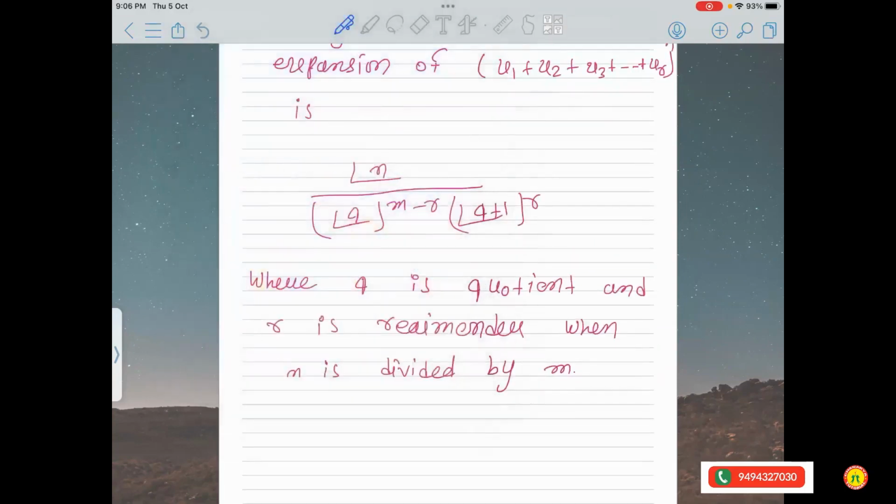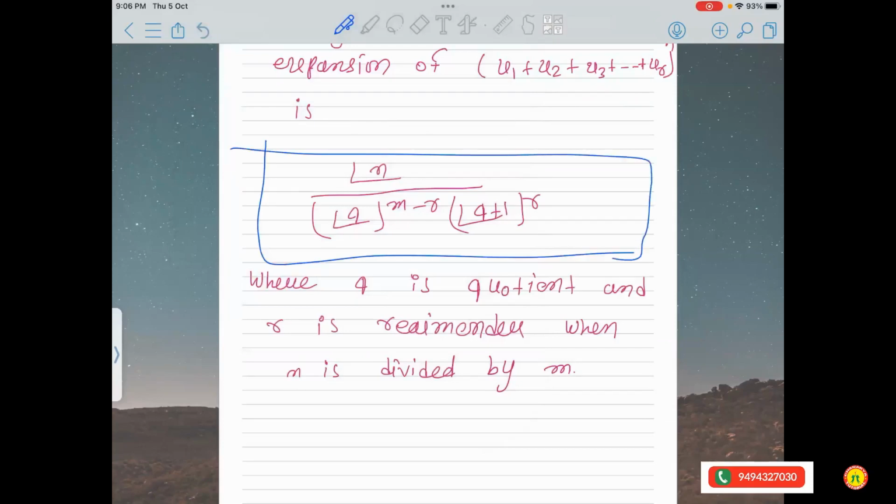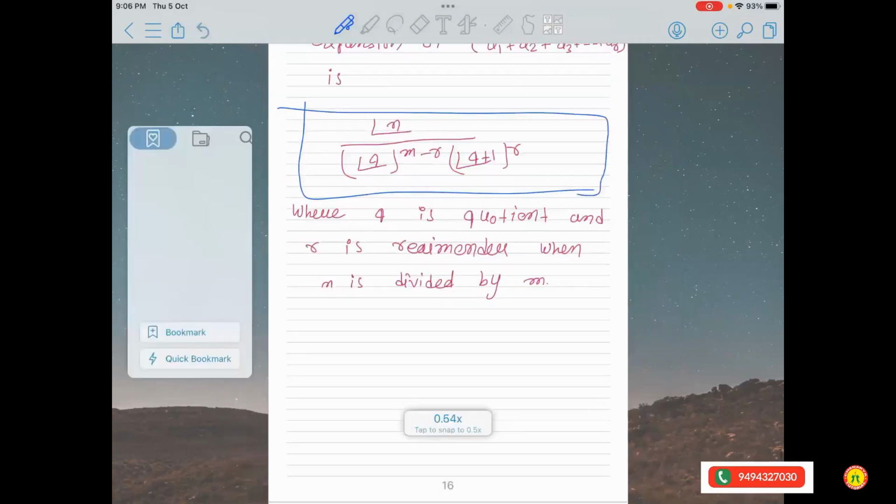Now I will discuss the question, then we will clarify the topic. n factorial upon q factorial power m minus r into q plus 1 factorial power r is the answer.